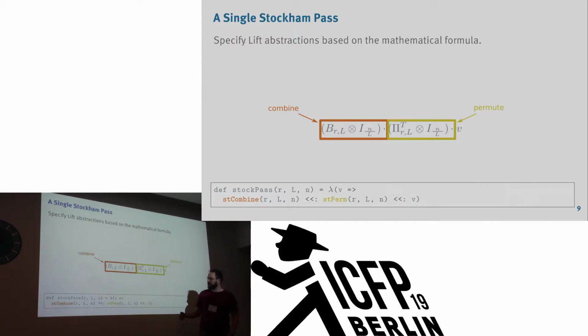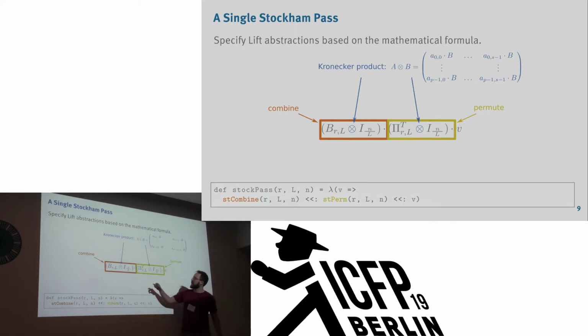And again, the next step is to implement these functions. But before we do this, we note that both matrices are built out of the Kronecker product. The Kronecker product takes two matrices, A and B, and multiplies every element of A with B, and therefore creates a larger matrix in the end.